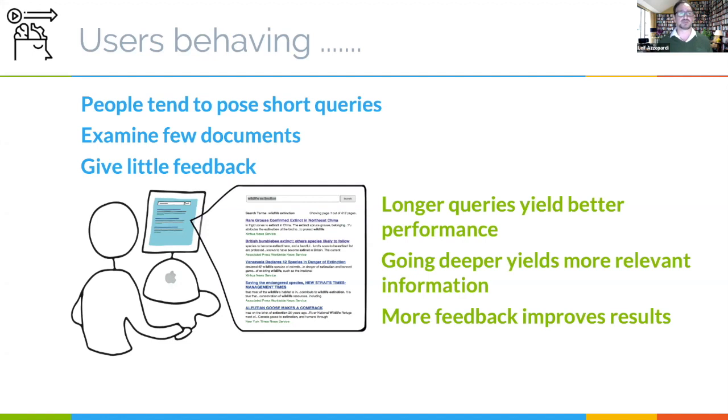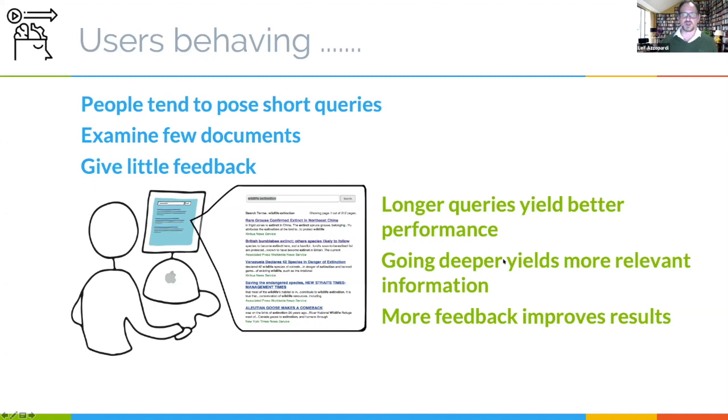And all the research in the lab that we've done has pointed to: type in a longer query, you'll get better performance. Go deeper, you'll find more information. And if you give feedback to the system, it'll improve the query and thus improve the results. So why don't people go to this extra effort of giving us more information, letting us look at more items, or provide feedback in different ways?